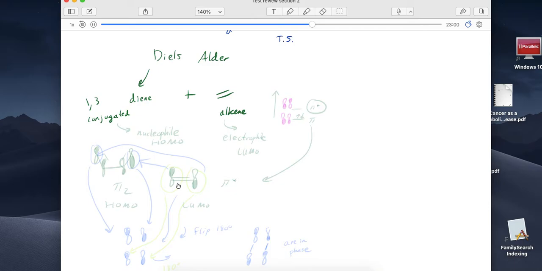And in fact, looking at that specific thing via molecular orbital theory, I think one's the nucleophile and one's the electrophile.